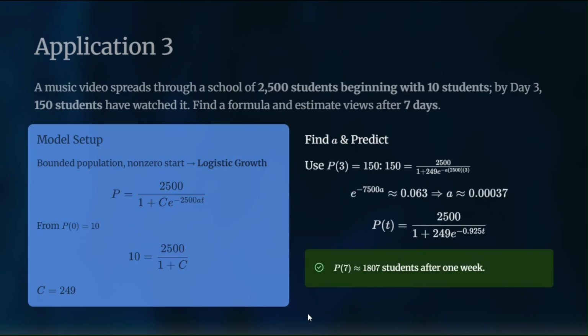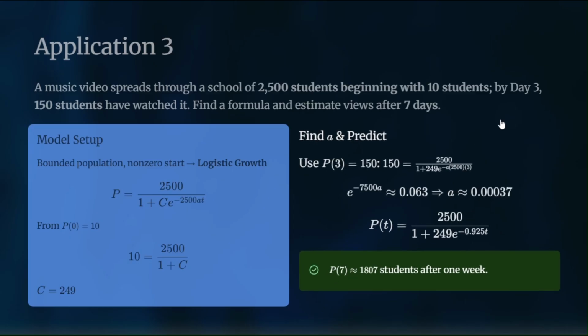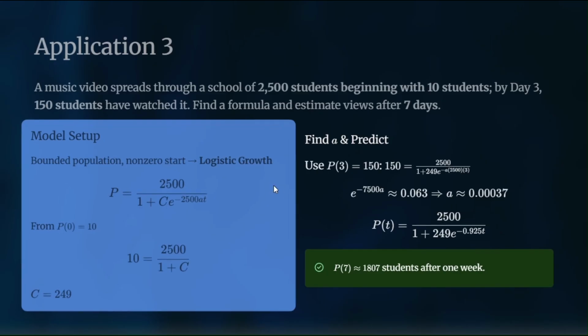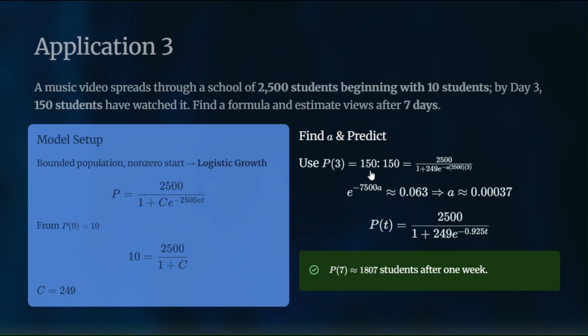Now that we know C, we can find a formula and estimate after 7 days. In order to find A, we'll use the second piece of information given in the problem. By day 3, 150 students have watched it. So when t equals 3, P equals 150. So we can let 150 be equal to 2,500 over 1 plus 249 e to the power negative A times 2,500 times 3.